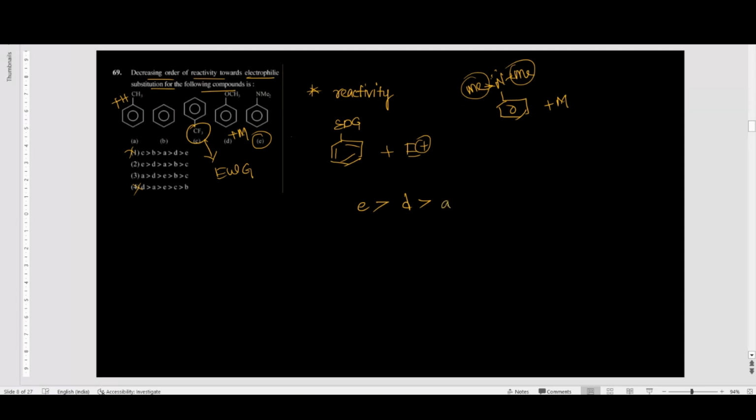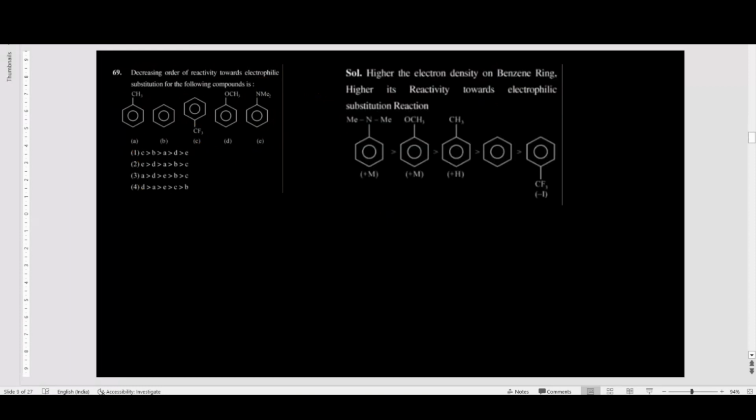So A, and then benzene, and then C. So option 2 is the correct option, right? E is greater than D, then A, then B, and then C. So I hope it's clear. So yeah, you can see here, the higher the electron density on the benzene ring, the higher its reactivity towards electrophilic substitution reaction. So you can check the solution over here.